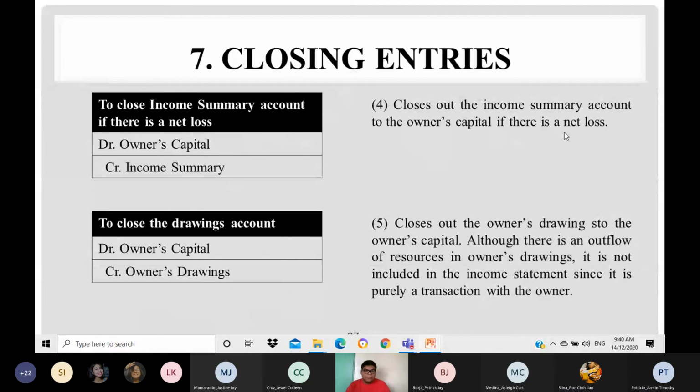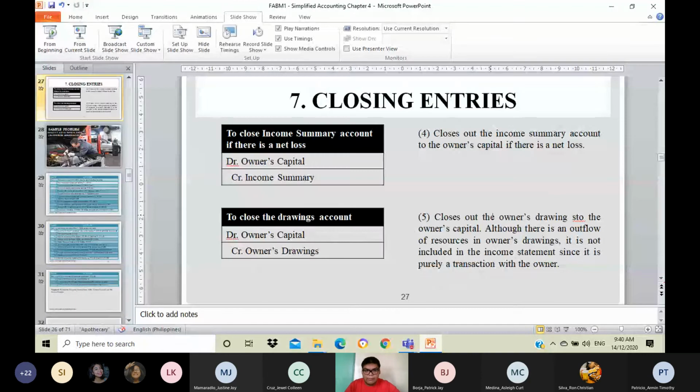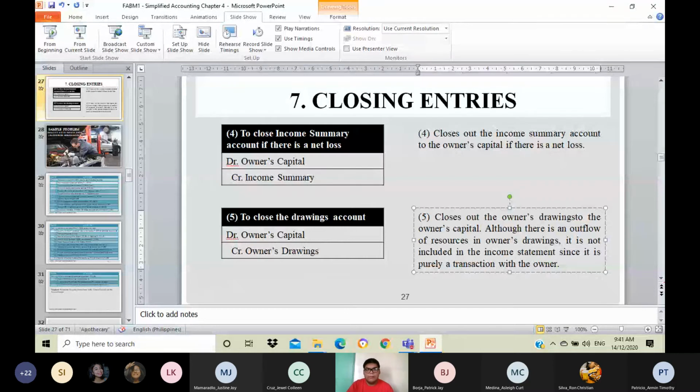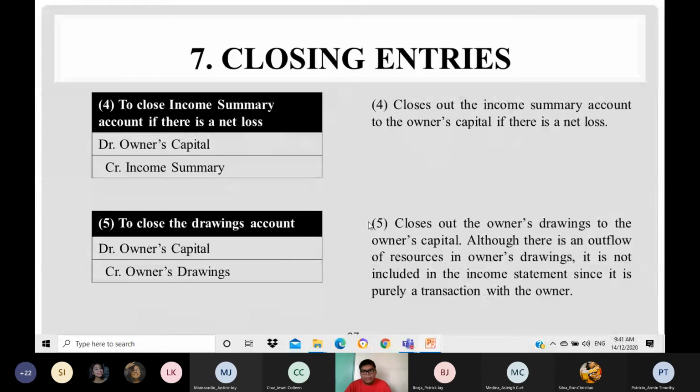In number 5, close the drawings account. Closes out the owner's drawings to the owner's capital.